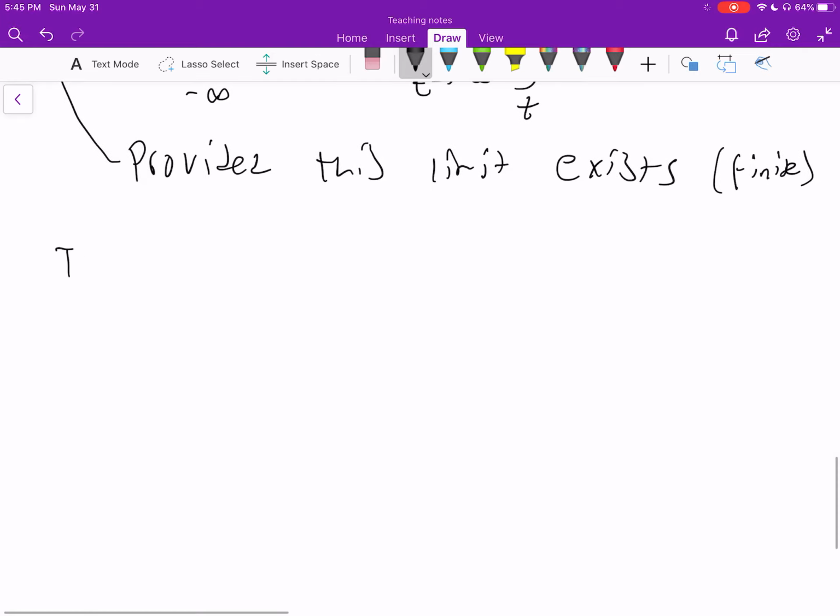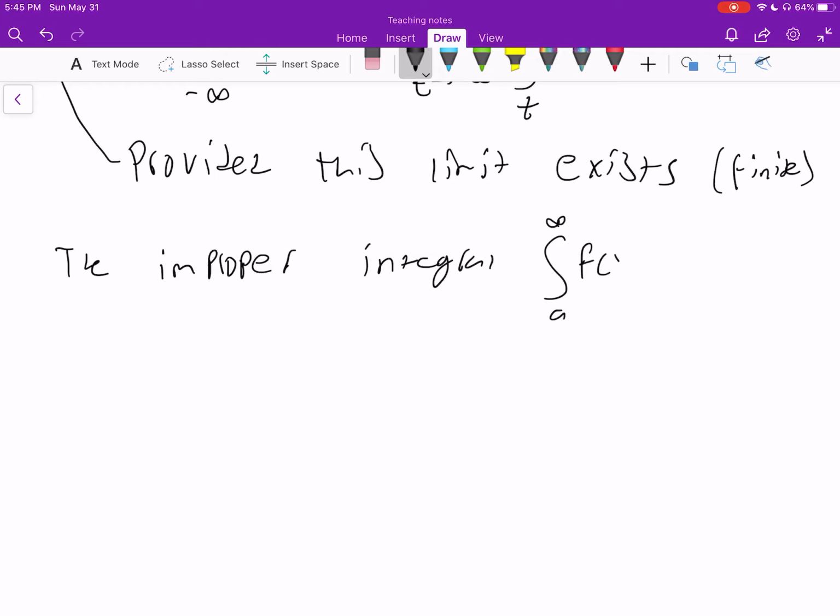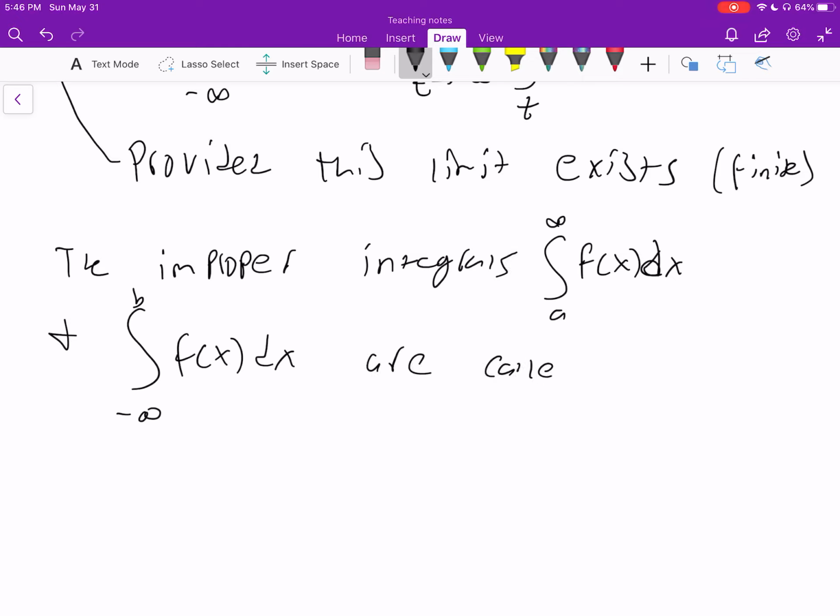So the improper integrals, the integral from a to infinity of f of x dx and the integral from negative infinity to b of f of x dx, are called convergent if the limit exists.